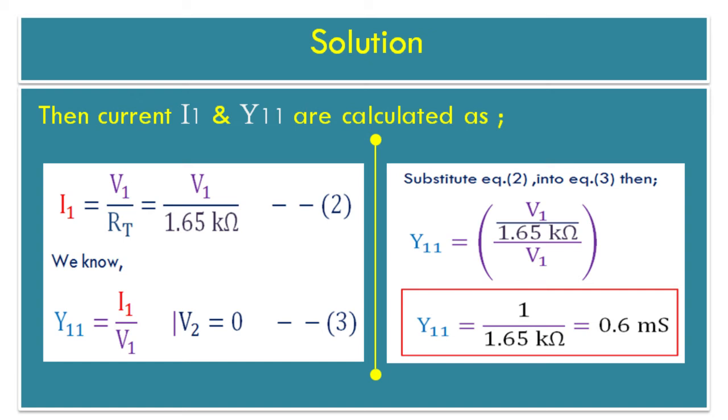We know short circuit admittance parameter Y11 is equal to I1 upon V1, which is given by equation 3. Let's substitute equation 2 into equation 3. We get Y11 is equal to V1 upon 1.65 kilo ohm divided by V1. After simplification, we get the value of Y11 is equal to 0.6 millisiemens.